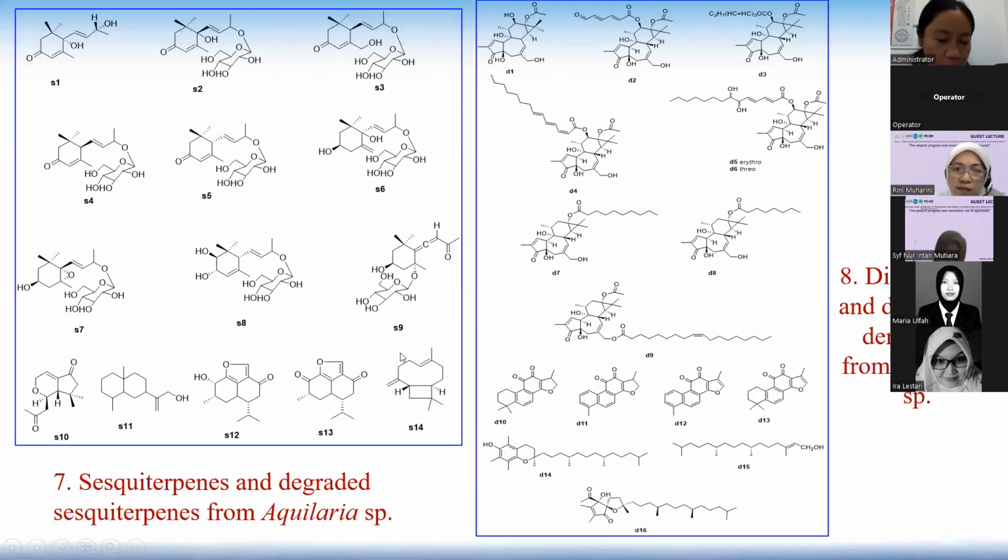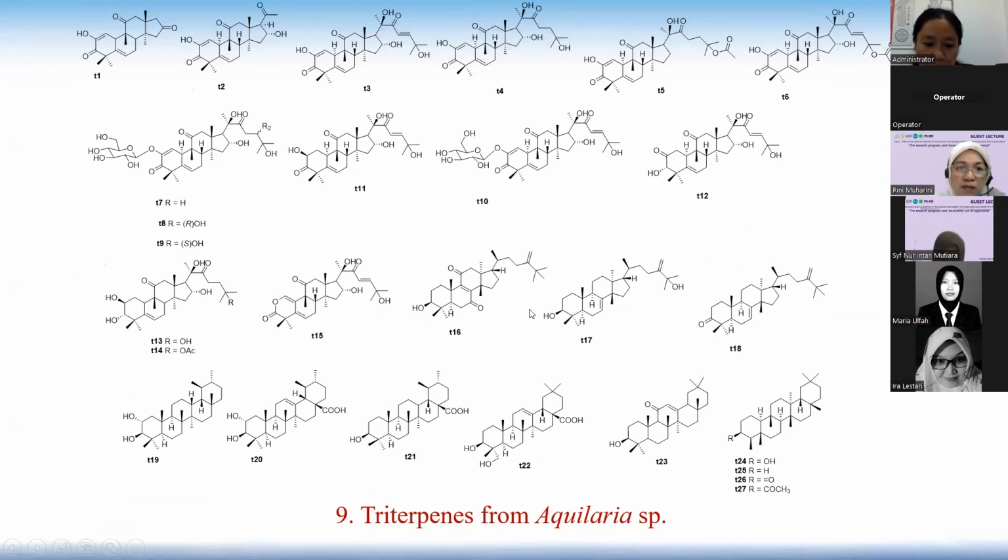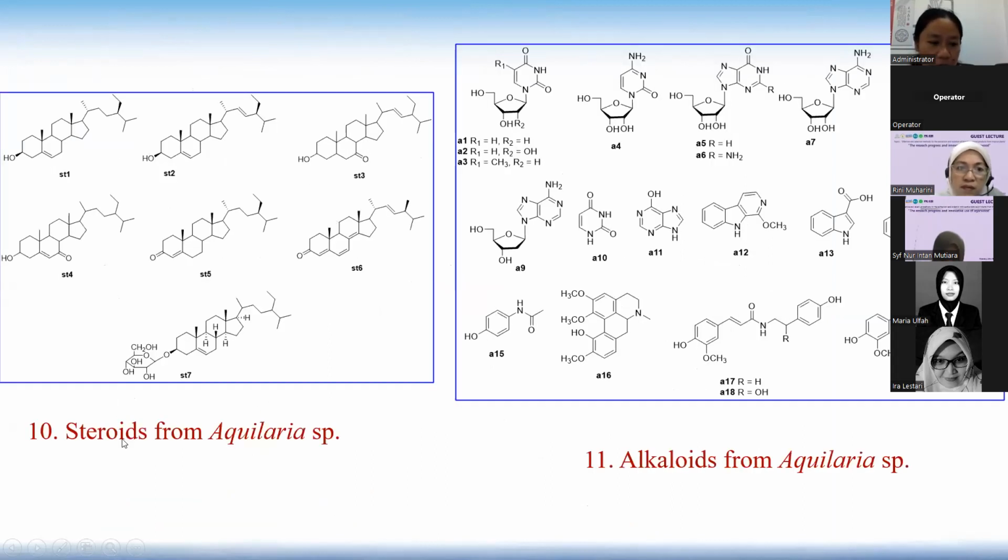And also there are some lignans, and some simple phenolic compounds. And from the plant sesquiterpenes have also been reported, but you can find they are fairly different from the structures found from agarwood, and most of them are connected with sugar. But from agarwood, we cannot find this kind of structure. There are also diterpenoids, triterpenes, steroids, and alkaloids.